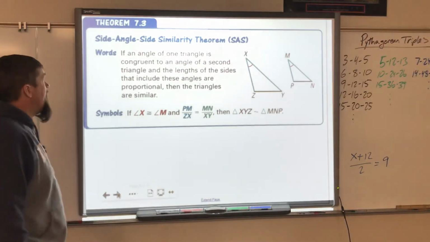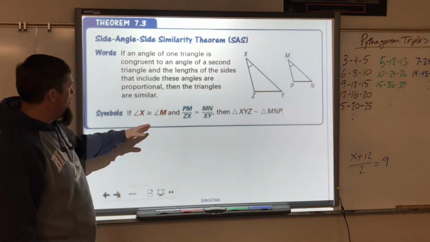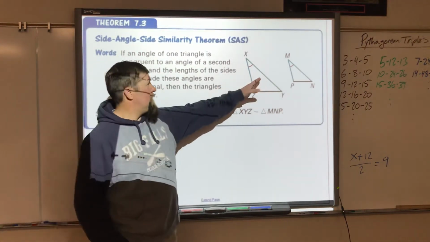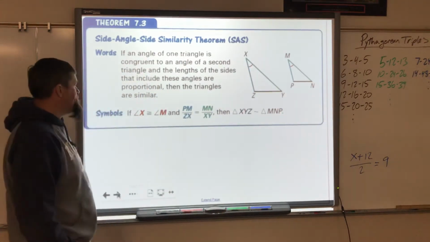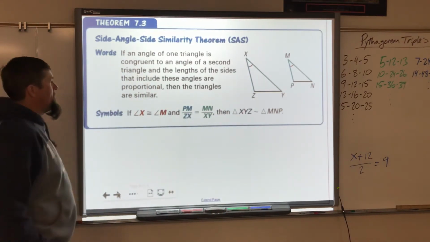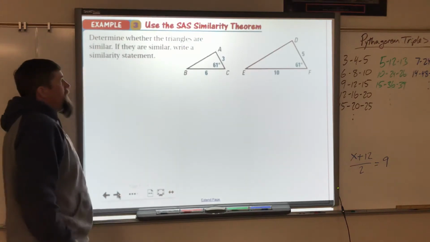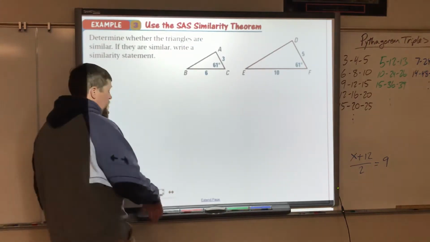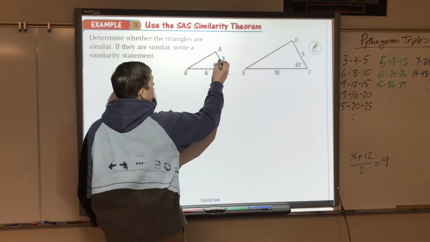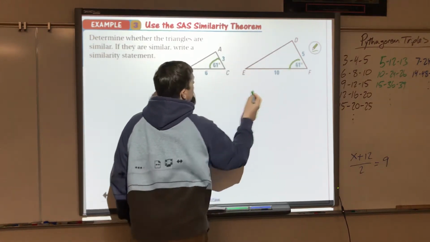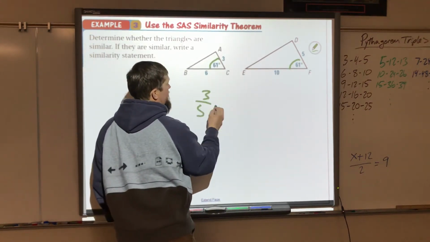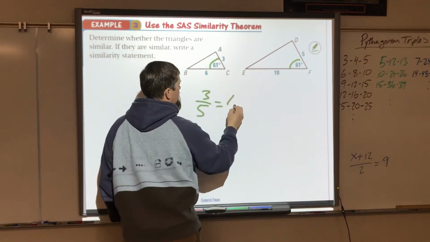Side angle side. Again, you have to have proportionate sides, but then the angle in between has to be congruent. This one, first of all, right away, the angles are congruent, so that helps. Is 3 compared to 5 as 6 is compared to 10?